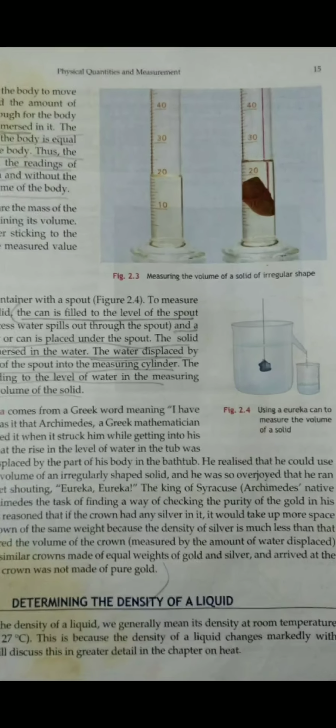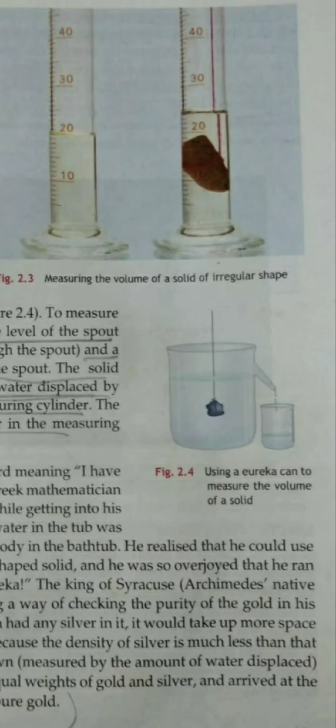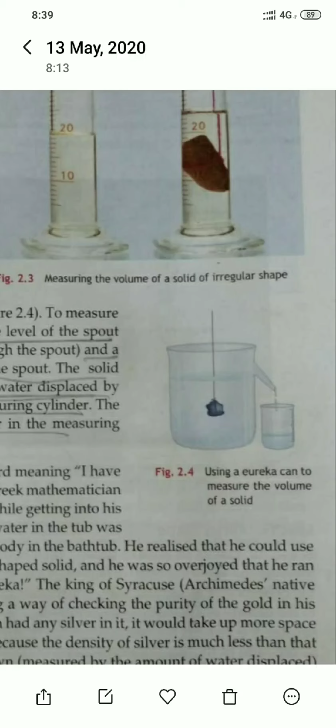Another method to measure the volume of irregular solids is this Eureka can. So what is a Eureka can? It is this bigger can, can you see, which has a spout along with it. You just fill the water up to the start of the spout, and when you immerse the solid into it, the water level rises, and the extra water comes out through the spout.